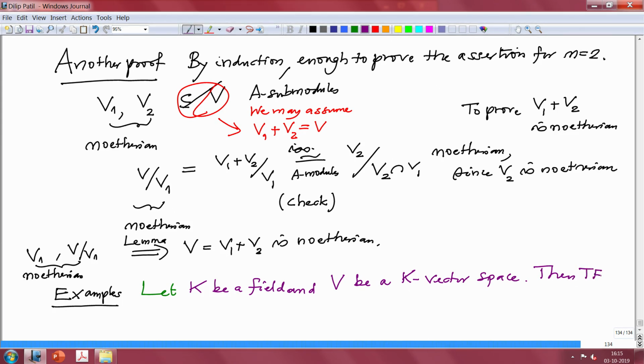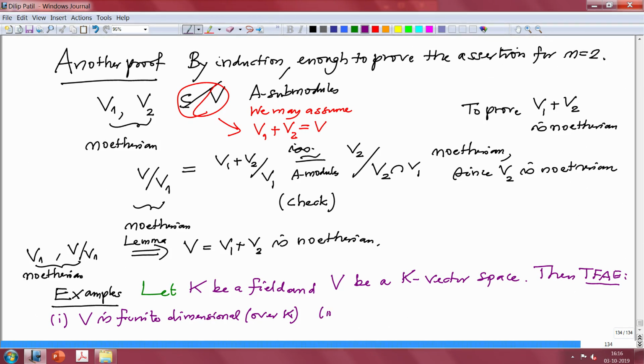Number 1, V is finite dimensional over K. That means it has a basis consisting of finitely many elements. A basis is a generating set which is also linearly independent over K.